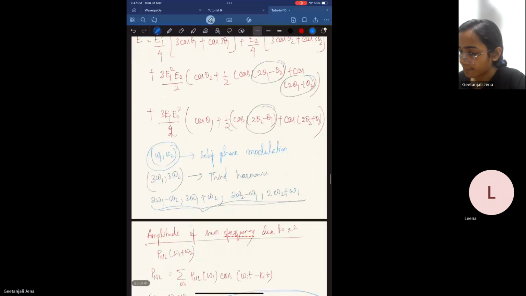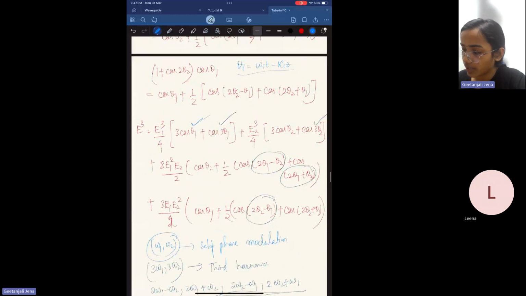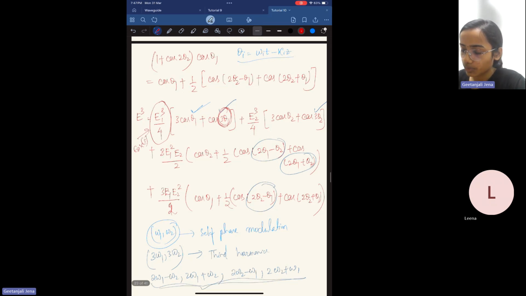Where is 3 omega? Okay, chi 3. So here we have 3 omega 1. This is related to 3 theta 1, right? The component is E1 cube by 4. If you multiply with epsilon naught chi 3, this will be the component.